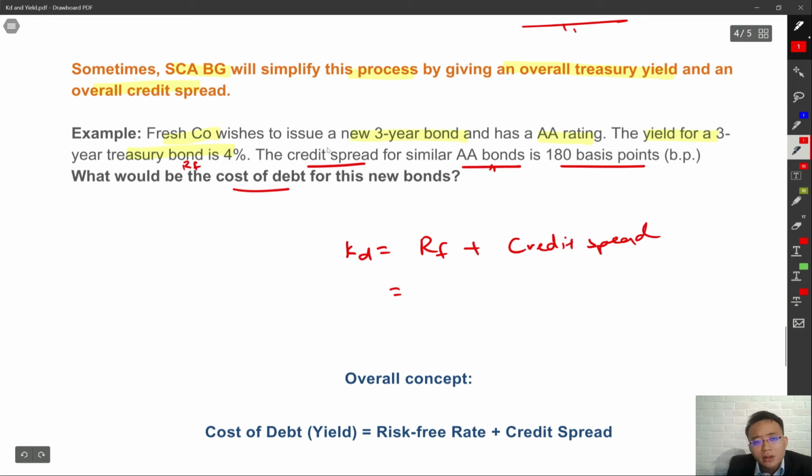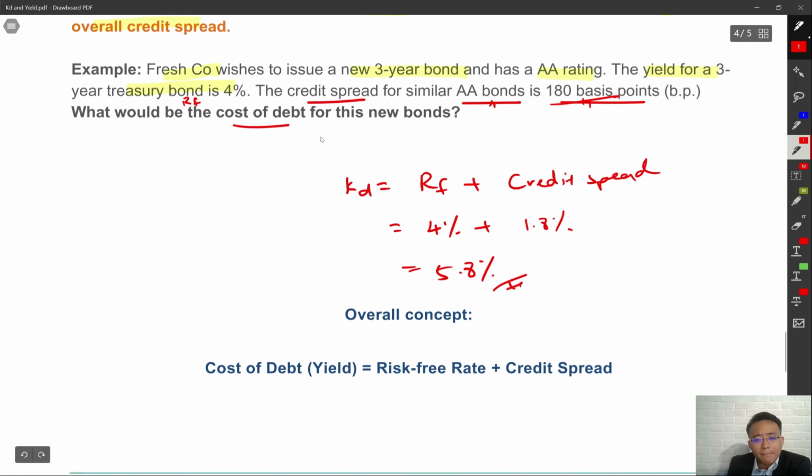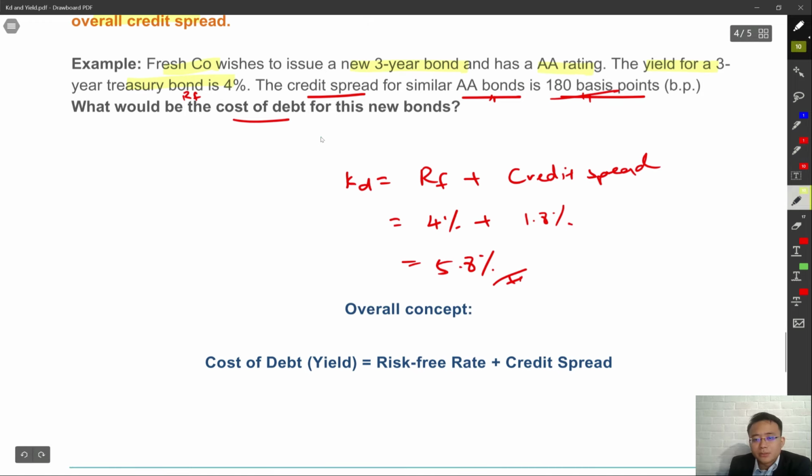So here, my risk-free is 4%, my credit spread is 1.8%. The 180 basis points is 1.8%. 5.8%, this is my answer. Okay? So in here, we get the concept. Your cost of debt will be your risk-free rate plus your credit spread.